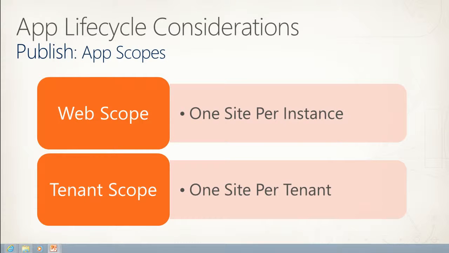During that configuration, you can specify a managed path. You can specify a specific site template type that you want to deploy to. So you're no longer in the business of figuring out, I have 100,000 site collections, oh my God, I have to add each one of them manually to my tenant.